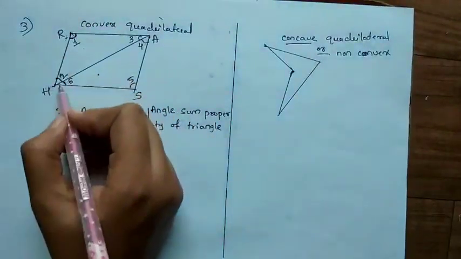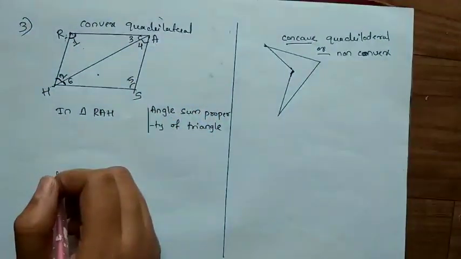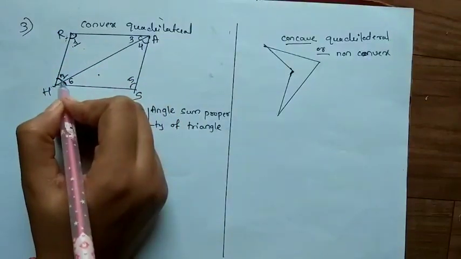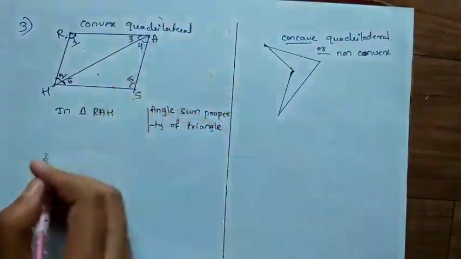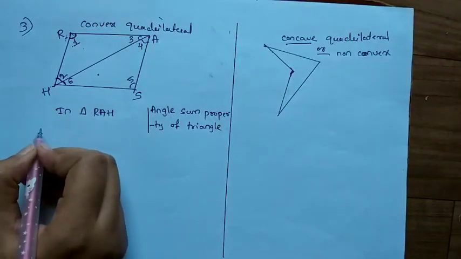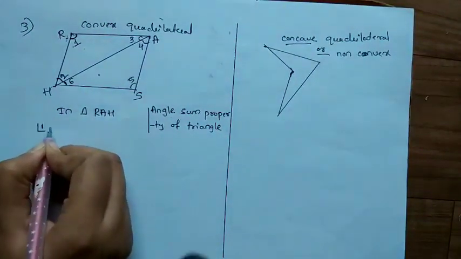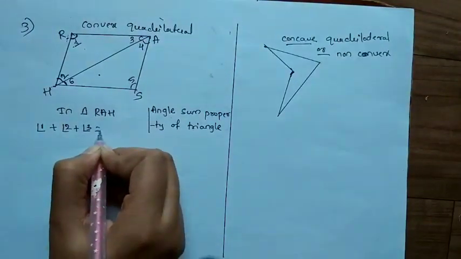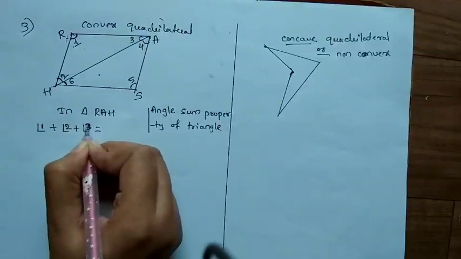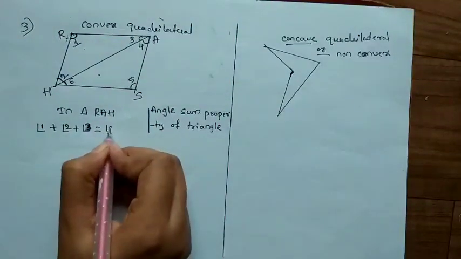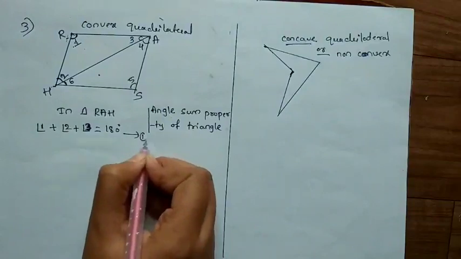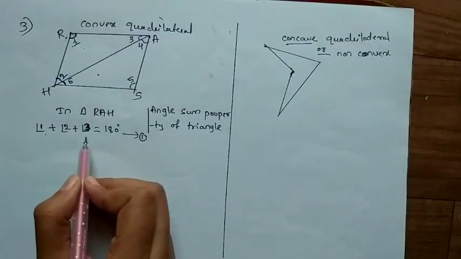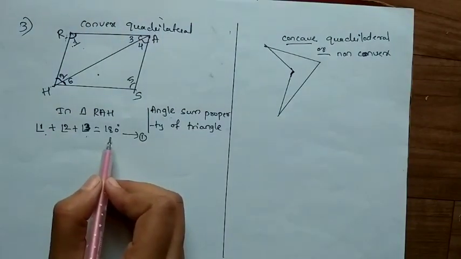That is, the sum of the 3 angles is equal to 180 degrees. Here angle 1 plus angle 2 plus angle 3 is equal to how much? 180 degrees. Give this as equation 1. Angle 1 plus angle 2 plus angle 3 is 180 degrees.